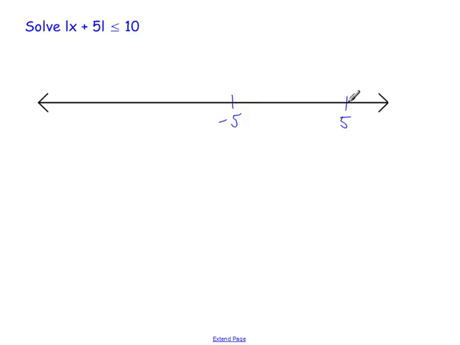We want it to be less than 10 units away, less than or equal to, so color in the circle, and we highlight all the way down to the negative 5, and then on the left side, what's 10 units away from negative 5 as we go in the negative direction? Well, that would be negative 15. Negative 5 minus 10 brings us to negative 15.